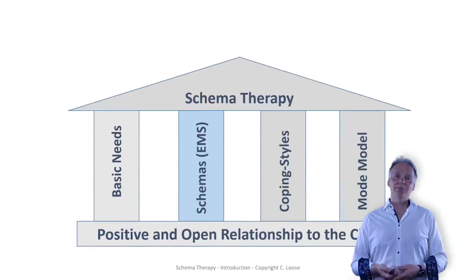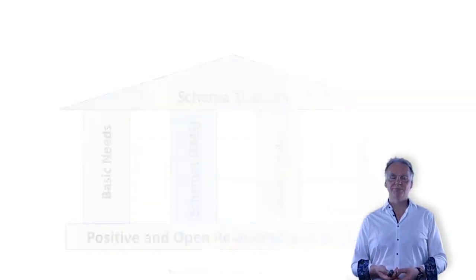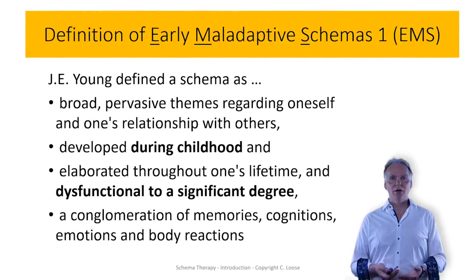Okay, so the next pillar or the next concept is that of the EMS, or the early maladaptive schemas. What does that mean? Early maladaptive schema is defined by Jeffrey Young as broad, pervasive themes regarding oneself and one's relationship with others. That schema is developed during childhood and elaborated throughout one's lifetime and dysfunctional to a significant degree.